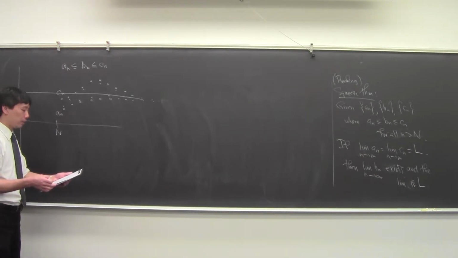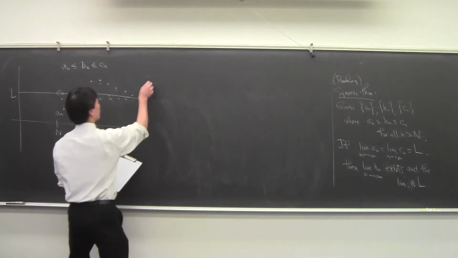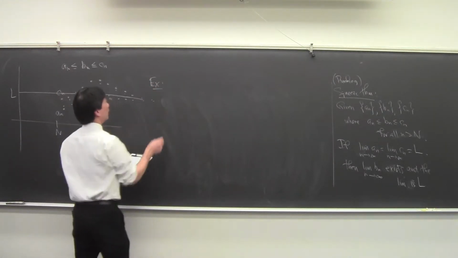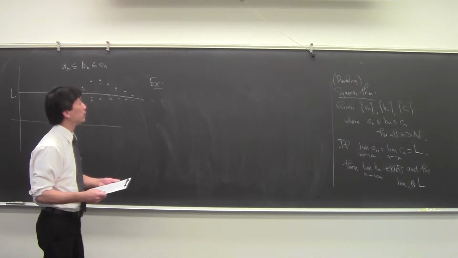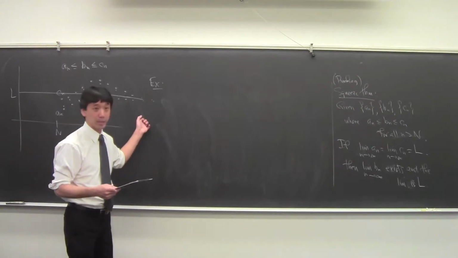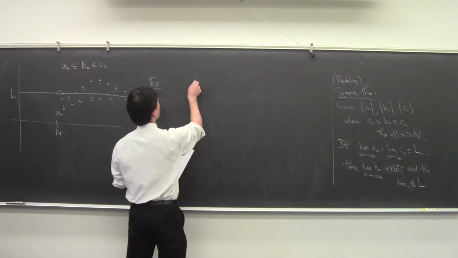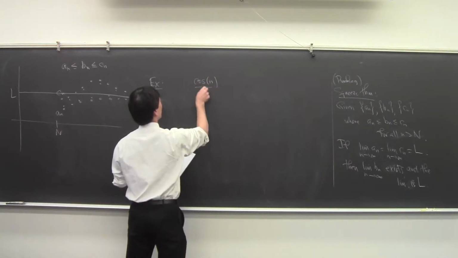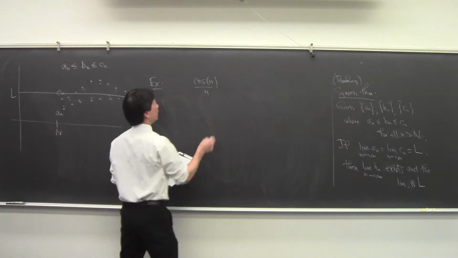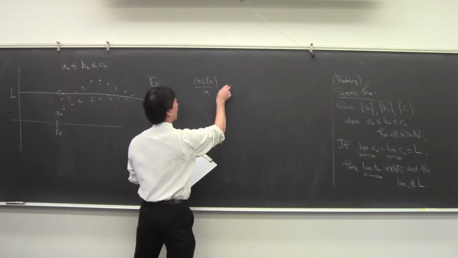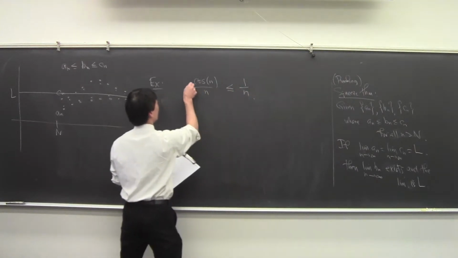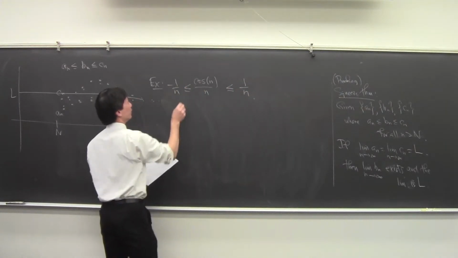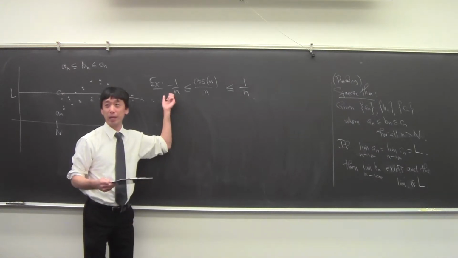So here's an example. Last time we did an example using something like cosine of n over n. And we saw that that was bounded above by 1 over n and bounded below by negative 1 over n.